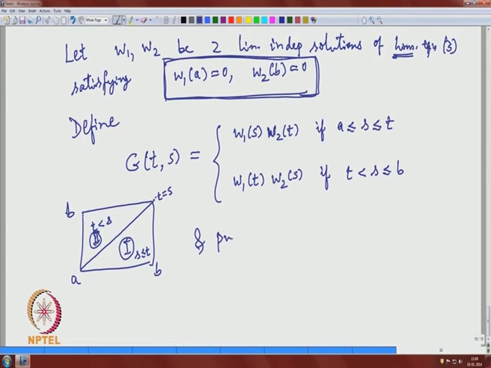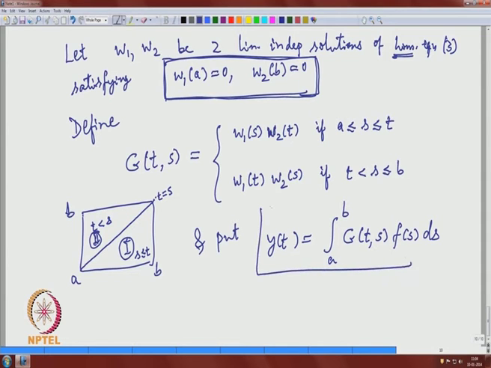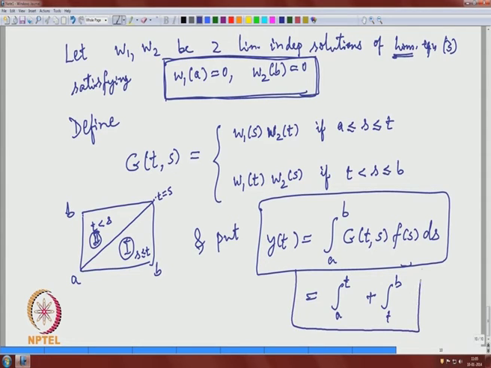And put y of t equal to the integral of g of t, s f of s ds. Just look at the definition of g. g has two parts, so this integral splits into two parts, a to t and t to b, similar to the one we did earlier.